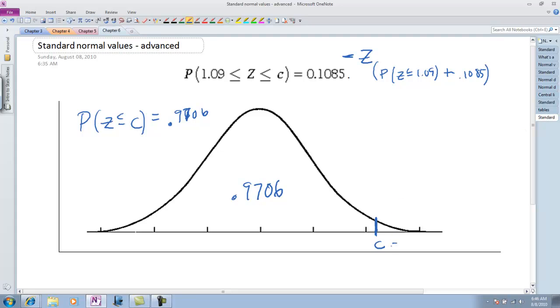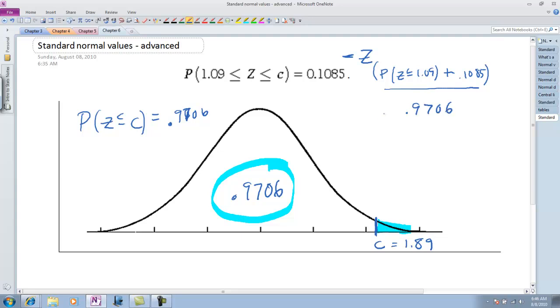So C equals 1.89. But in the calculator, you see it's different. I didn't do the chart thing. What I did in the calculator is I know that if I do a lookup of 97.06, that's what this value is right here, 0.9706.